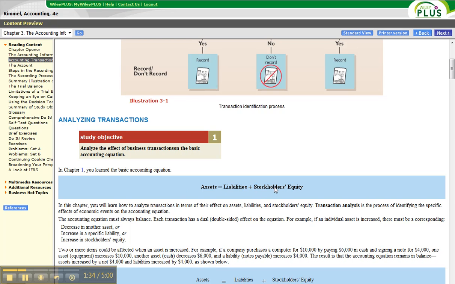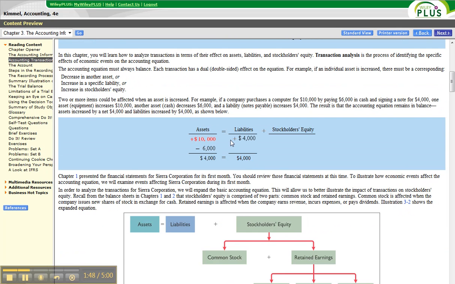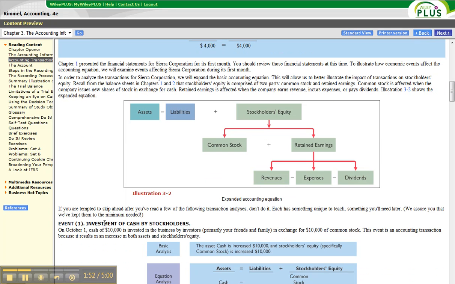Then, when we get into study objectives 2 and 3, we'll learn how the recording process of individual transactions really works. I'm not going to go through all of this for you, except to say that we'll see these events down here and how they affect the accounting equation.